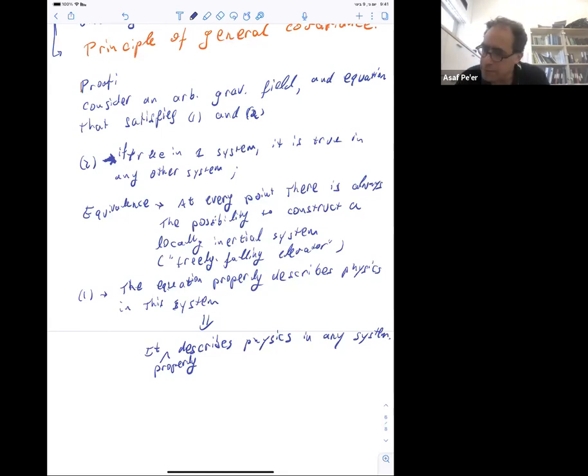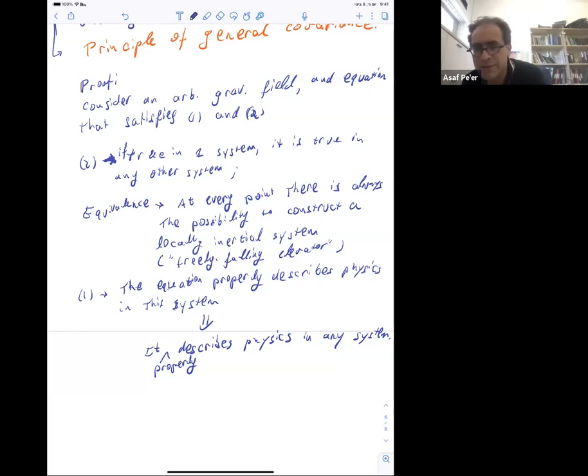Now, because of this principle, this is why I insist on working with vectors and tensors. Because I know their transformation laws, I know easily how to transform an equation from one coordinate system to another, which is quite essential here.